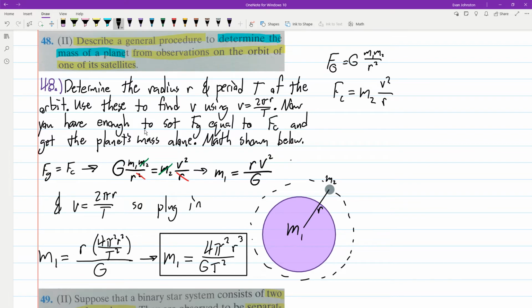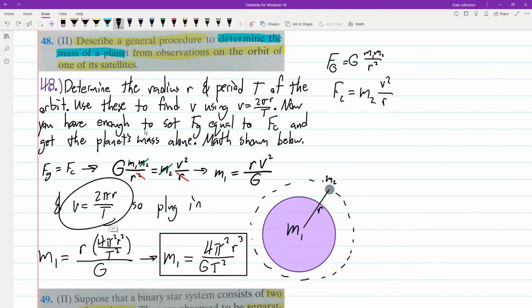And you're going, okay, how does that help? We want a general procedure to find the mass. When I look at this equation now, all it is really asking us to find is the radius and the speed of the satellite. We'll have to unpack this speed part a little more, because we know that the speed depends on the circumference and the period.